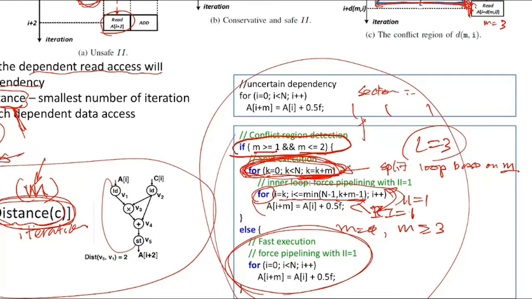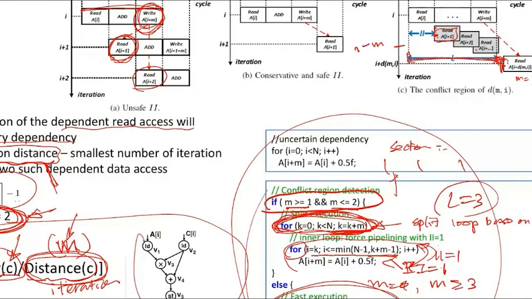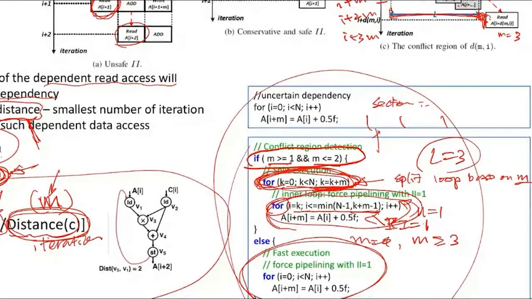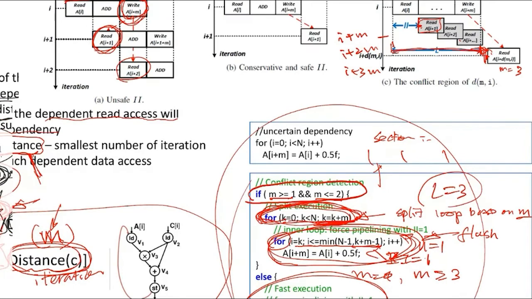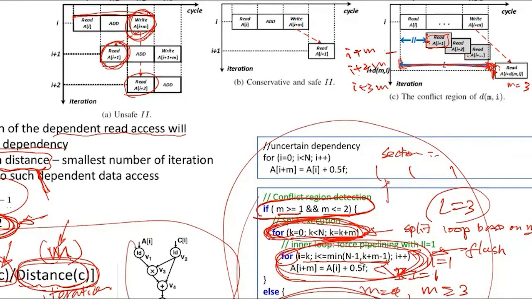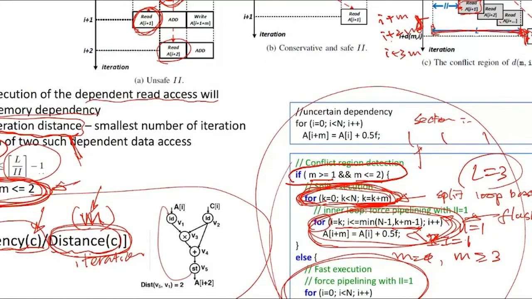That means whenever the index I reaches M, I equal M or I equal 2M or I equal 3M, then you have to wait for this pipeline flush, because the dependency happened. Within the index range I plus 1 to I plus 2M, you can have II equal 1 because the data will not be used.